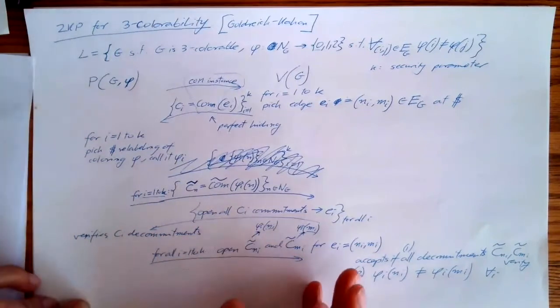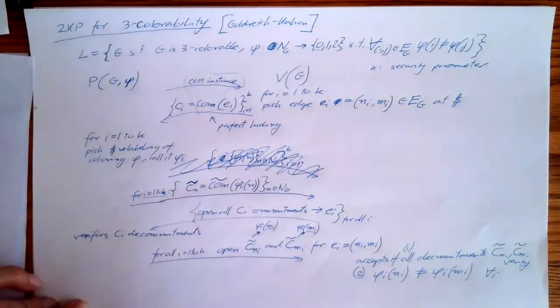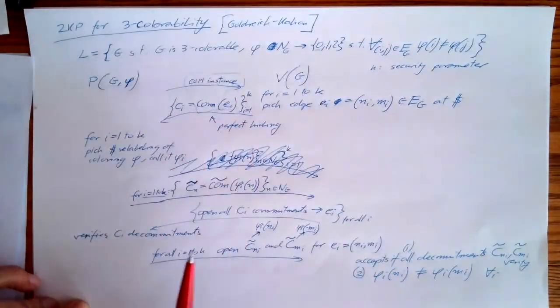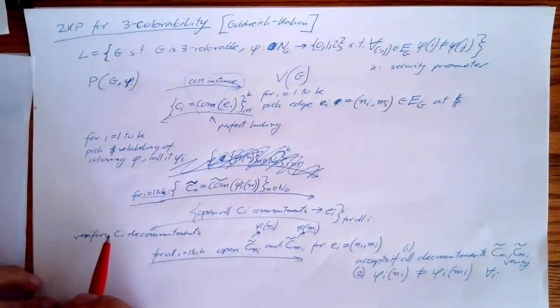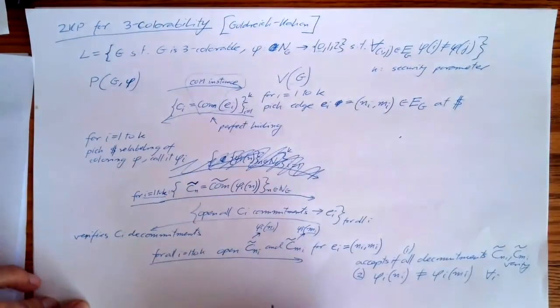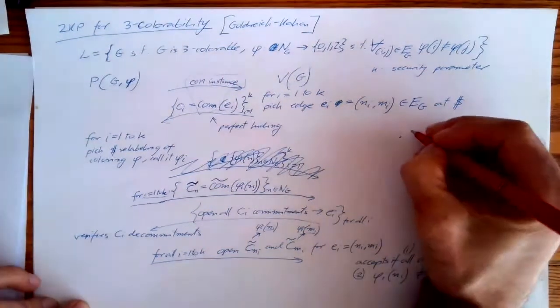Now that this is complete, it always works if there are two parties that behave honestly. That's true. Now, what about soundness?